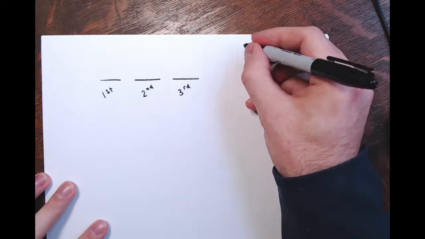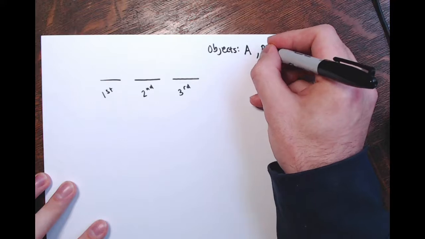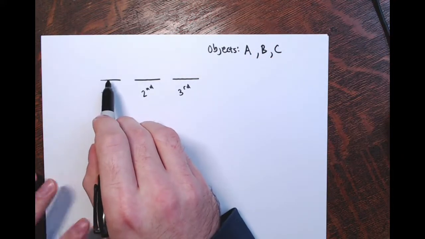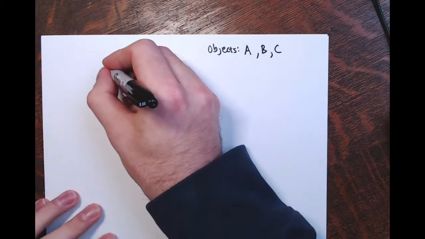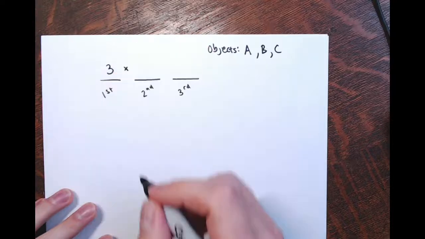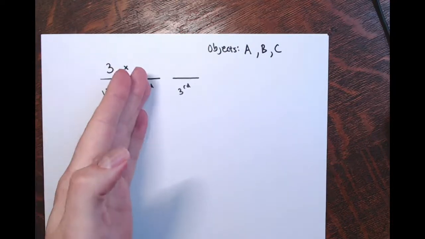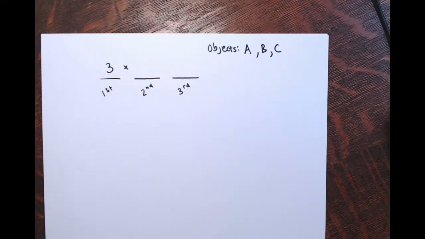And my objects, say, are again A, B, and C. So I pick the first object. How many choices do I have? I have 3, and then multiply that by, again, remember that fundamental principle of counting. If I do one process and then another process immediately after, and then a third process immediately after that, the number of possible outcomes, the number of ways that could be done, is just the product of the number of ways each process is done individually.